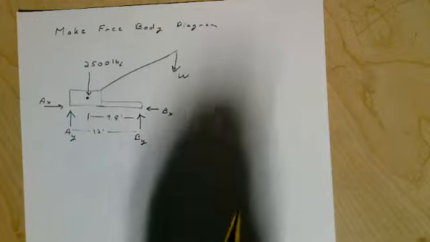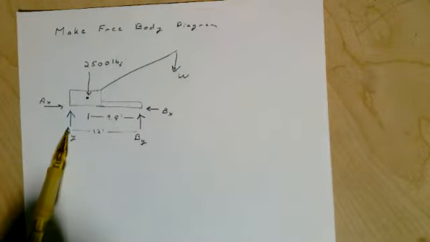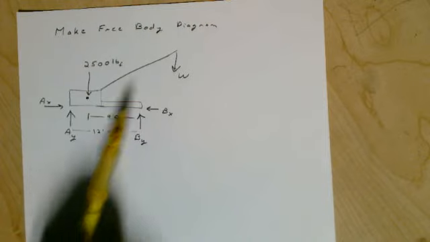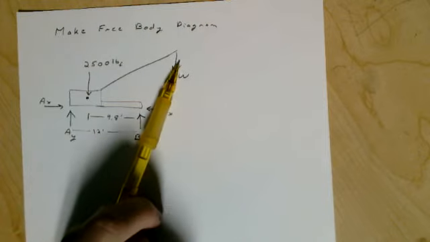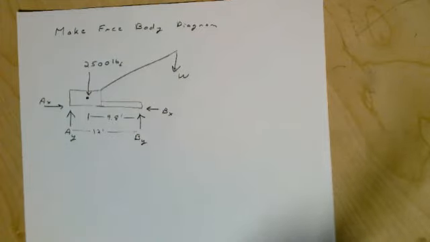Now we found the distance here, the distance here, then we need the distance from B to this W here, don't we? So we're going to have to take a look at that.